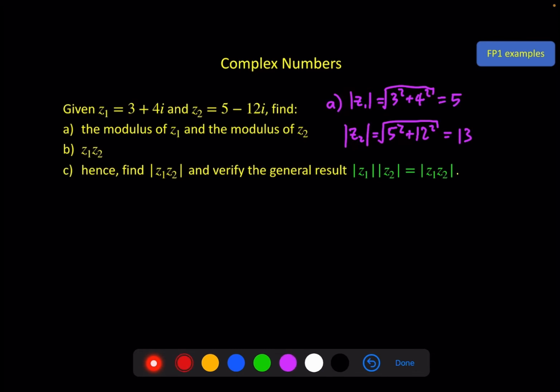Part B, we need to multiply these two complex numbers in the usual way. And part C, we need to find the modulus of this result.